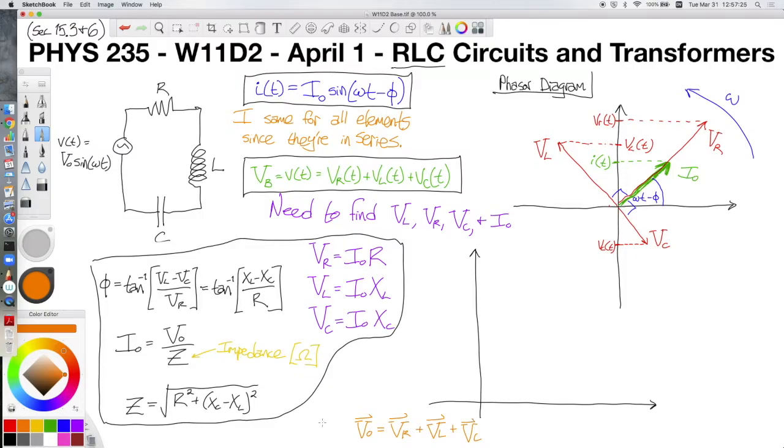These are the maximum values for each of those because I'm using that capital V. So we can find a way to draw this in a helpful manner if we remember that our V sub R is perpendicular to both V sub L and V sub C. So we can think of these VR, VL, and VC a lot like components of the vector V naught. The only problem right now is that we have three of them. So let's combine VL and VC into one vector by subtracting the two of them.